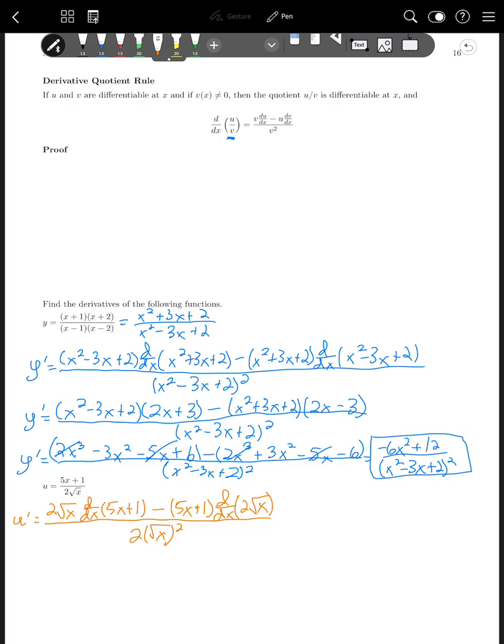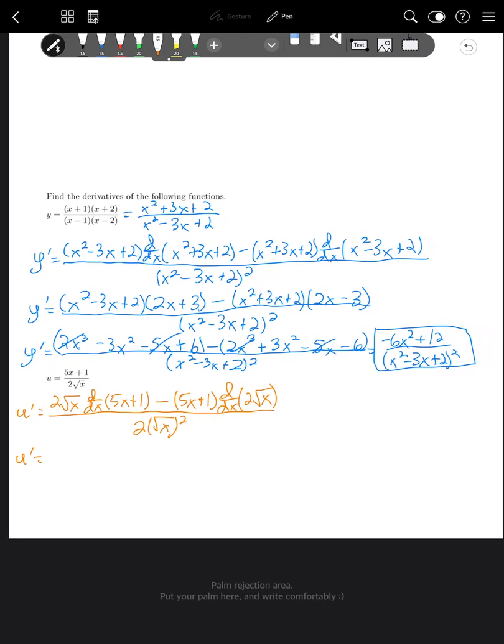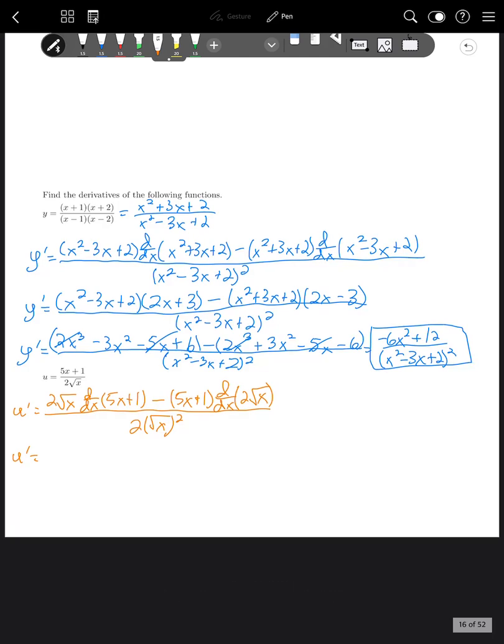Okay, so the derivative of 5x plus 1, well, the derivative of 5x is just 5. The derivative of 1 is 0, so that'll just be 5.